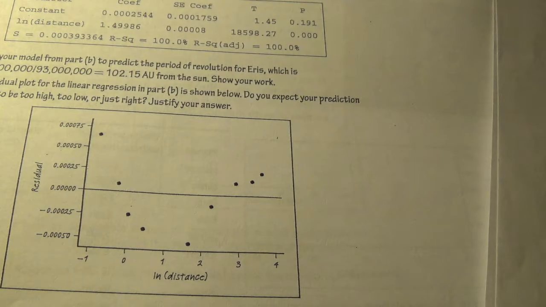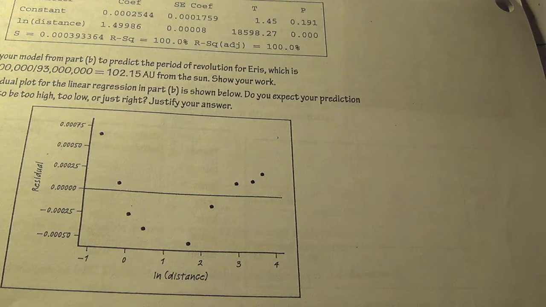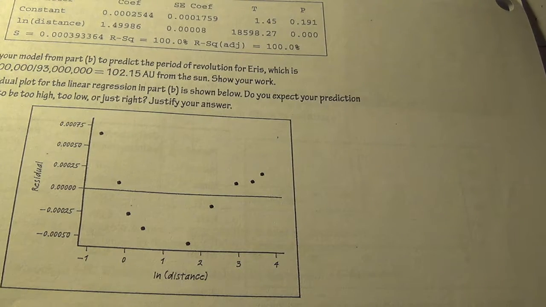So, do we expect the prediction in part C, which we had 102? For 102, we got 1032.77 years. Do we expect that to be too high or too low or just right? So, what number were we putting in for distance?